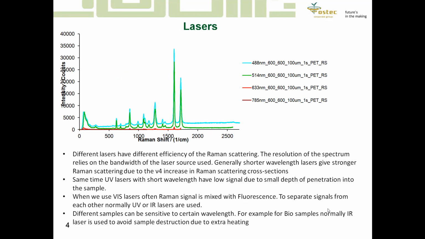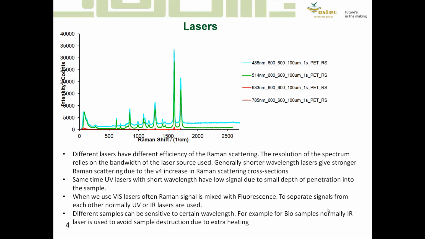It's also very important to choose a proper wavelength to excite the sample. Here you can see an example of the same material, polystyrene and PET, which has different efficiency when excited by blue, green and red laser, and especially infrared.